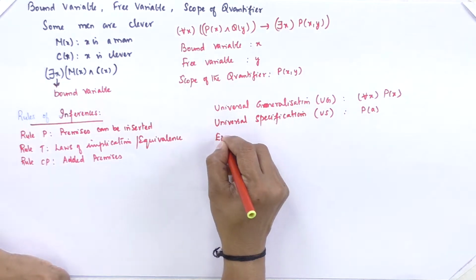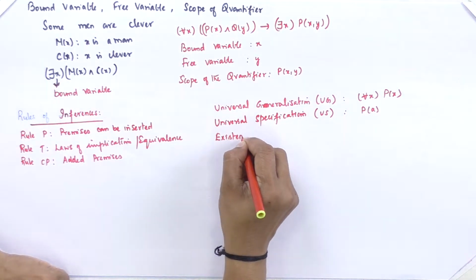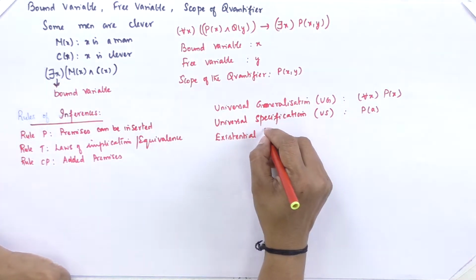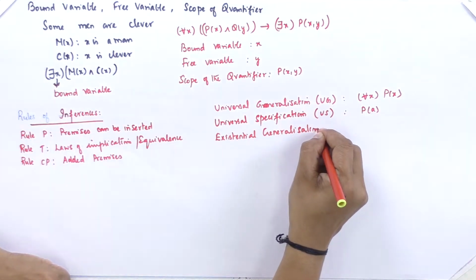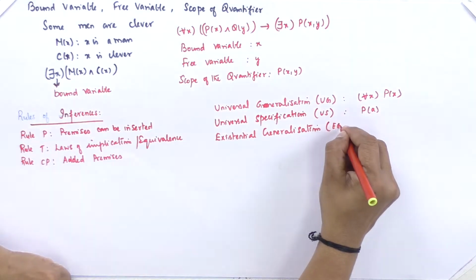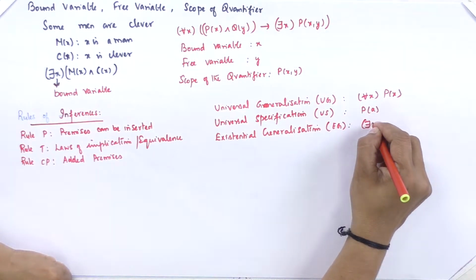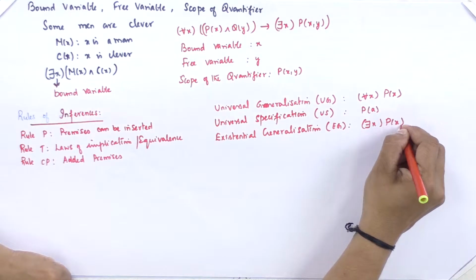Next is existential generalization, represented as EG. That is there exists x, P of x.